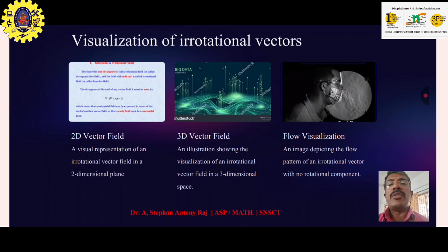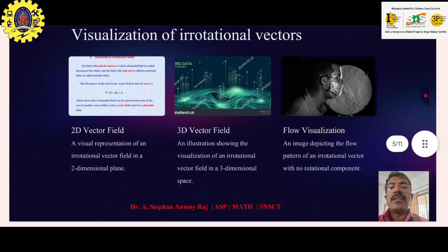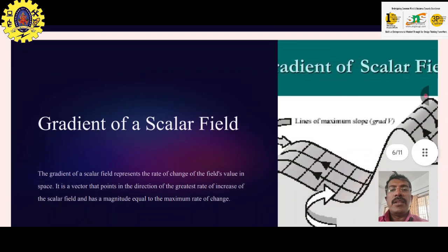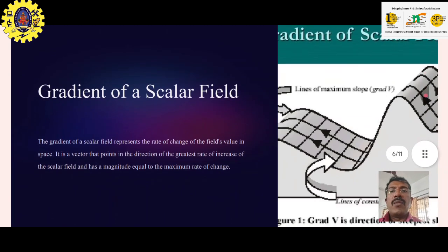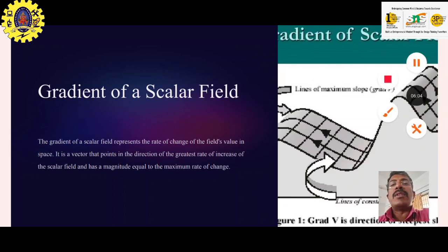These are some visualization effects that we could work with in irrotational field discussion, and there are various other visualization concepts also. I am mentioning certain standard areas where in this irrotational area we have the concept of gradient. Gradient is a concept from differential calculus, from the mathematical background, which is very important when we talk about curl, divergence, and all of these.